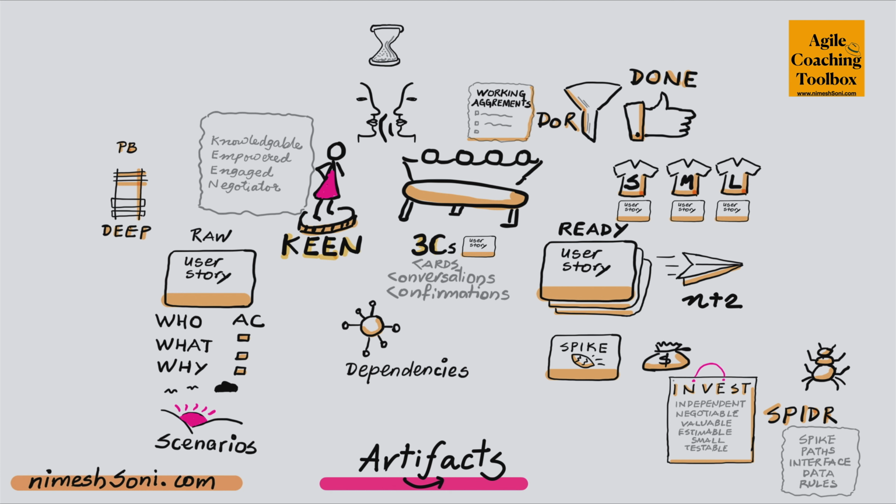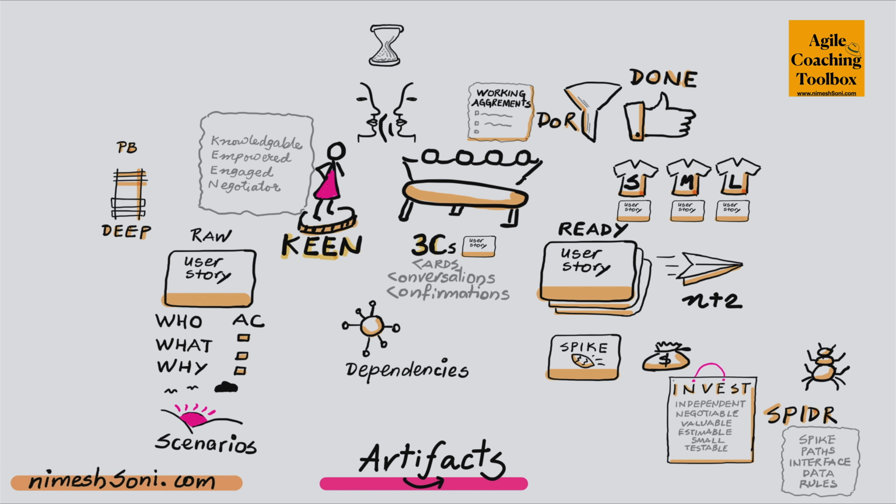I would expect the dependency wheel in the room. On the team side, we are looking for the working agreements, the definition of ready, definition of done, sample baseline stories that are estimated against which the team can compare these future stories. We would hope to have a pipeline of these ready stories. The other documents I should see are the INVEST criteria, the SPIDR, and some of those spike stories.